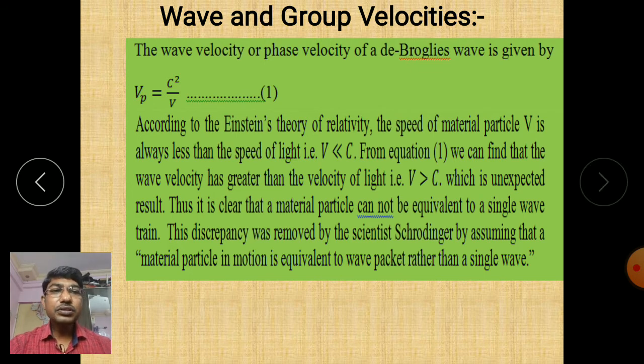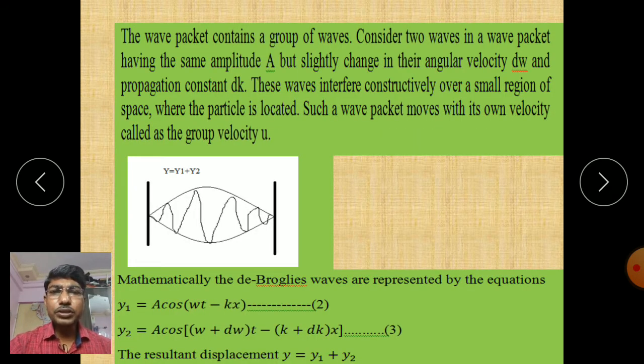Now suppose the wave packet, or group of waves. The wave packet contains a group of waves. Consider a simple case of two waves having the same amplitude capital A, but slightly different angular velocity omega, means d omega, and propagation constant dk.